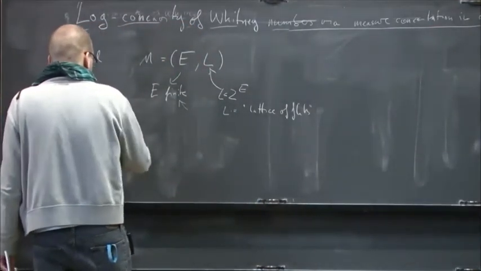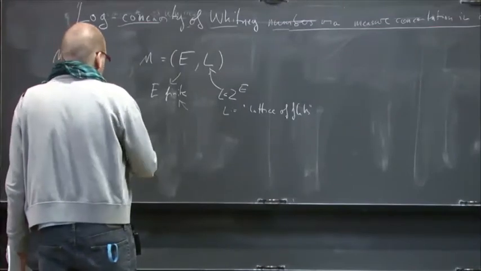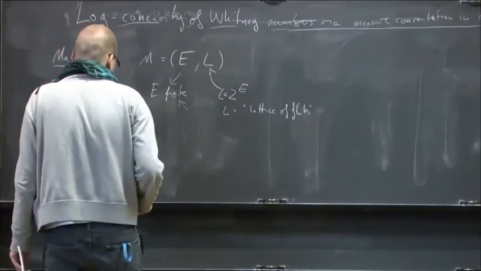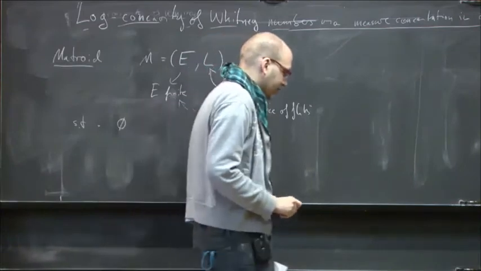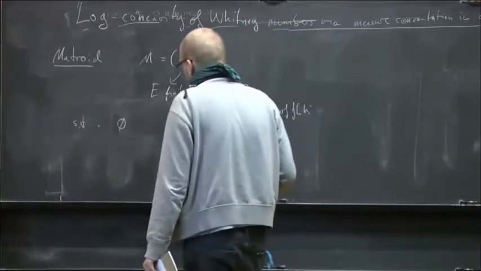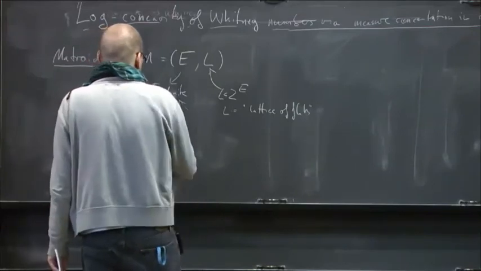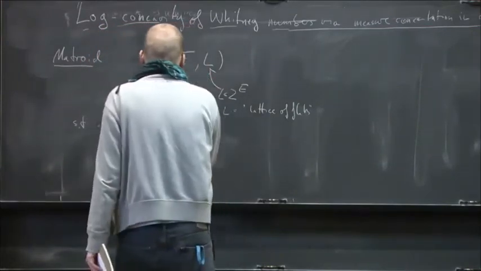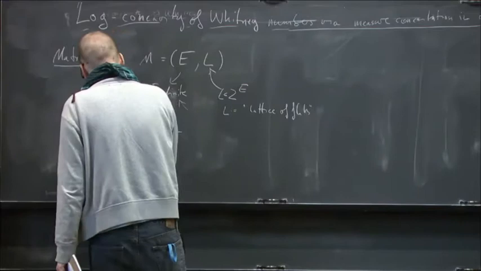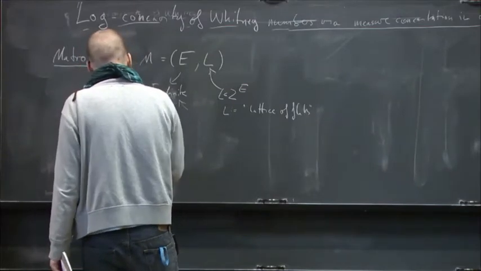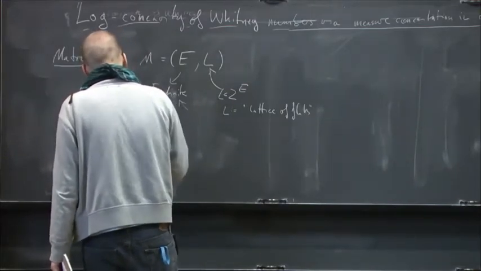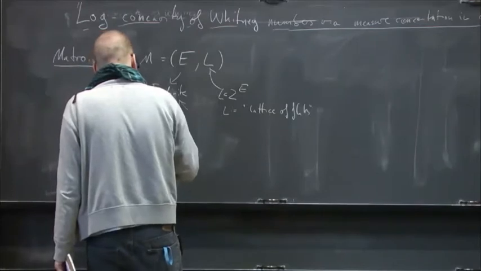There are some variants on these axioms, but for me, I will always just assume that the empty set and the total set are elements in my lattice of flats. Second, the lattice of flats is closed under intersection.